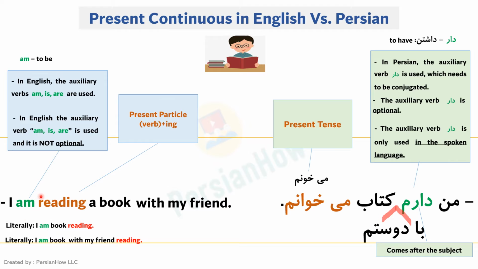So in English, the auxiliary verb and present participle come right after each other, but in Farsi, they don't come right after each other. So first we need to bring the auxiliary verb after the subject, and then the verb comes at the end, میخوانم.